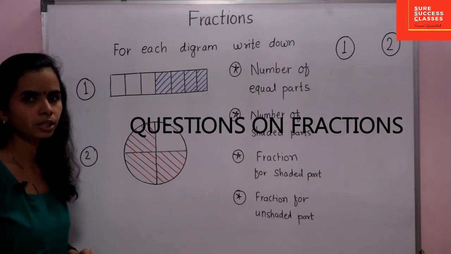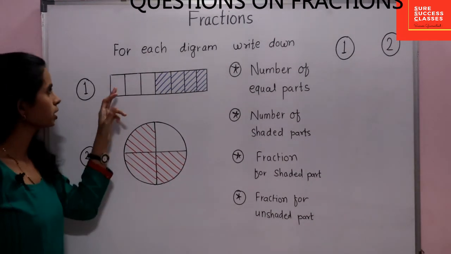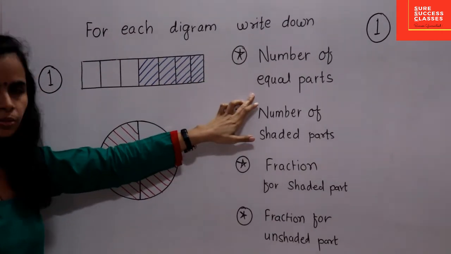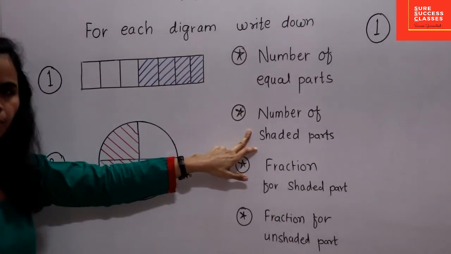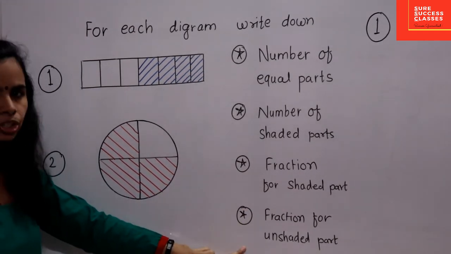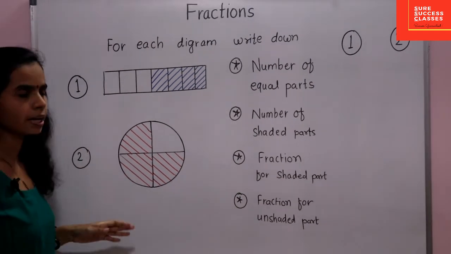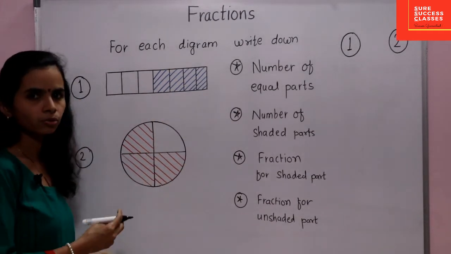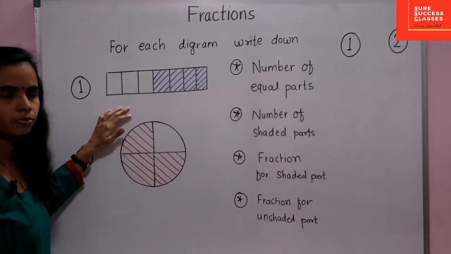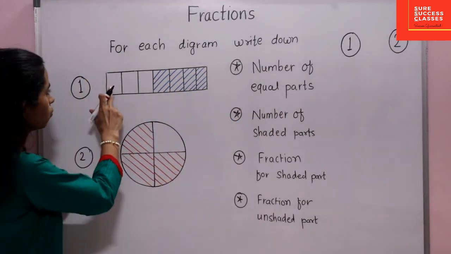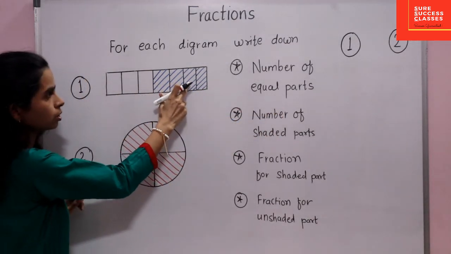Students, let's solve questions on fractions. The question is, for each diagram write down the number of equal parts, number of shaded parts, fraction for shaded part and fraction for unshaded part. Here the diagrams are given and we have to write the answers. In the first diagram, number of equal parts are 1, 2, 3, 4, 5, 6, 7.